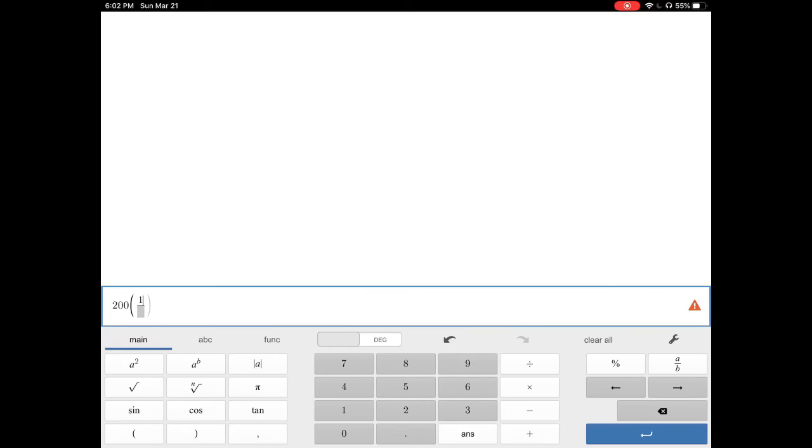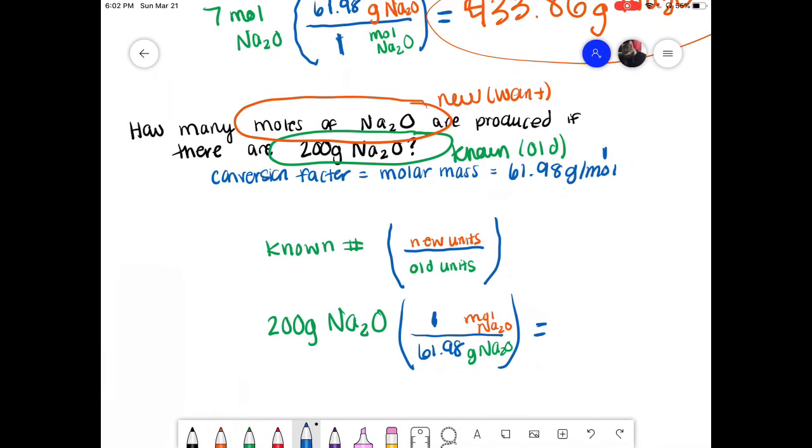Up top we had 1. On the bottom we had 61.98. Our answer is 3.23, and I rounded to the second decimal. And our units are moles of Na2O.